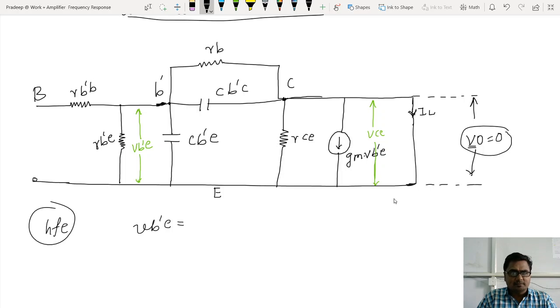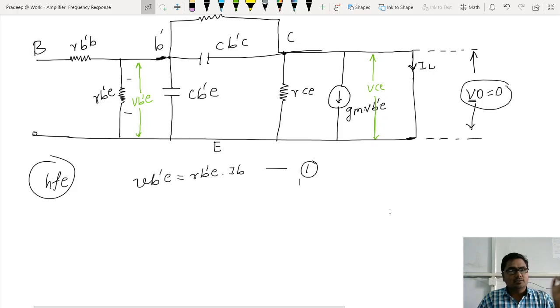This voltage is nothing but the voltage available across this resistor, RB'E, multiplied by the current flowing through the resistor. What is the current flowing through that RB'E? Obviously, it is the base current. So VB'E is nothing but RB'E multiplied by IB. Let me write it as equation number 1.